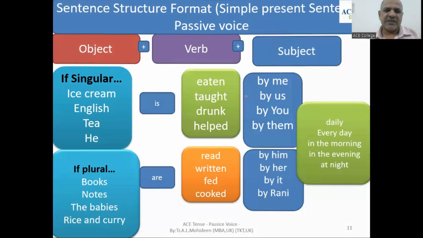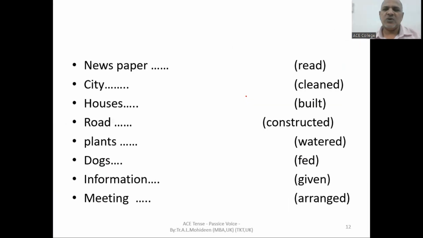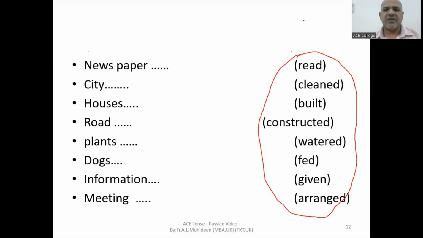We have already discussed this. Now you start with the newspaper. All are objects here, and then you have the verb here. Then you have to change all these verbs into fifth form. So this is the first form, and you need the fifth form. These start with an object.